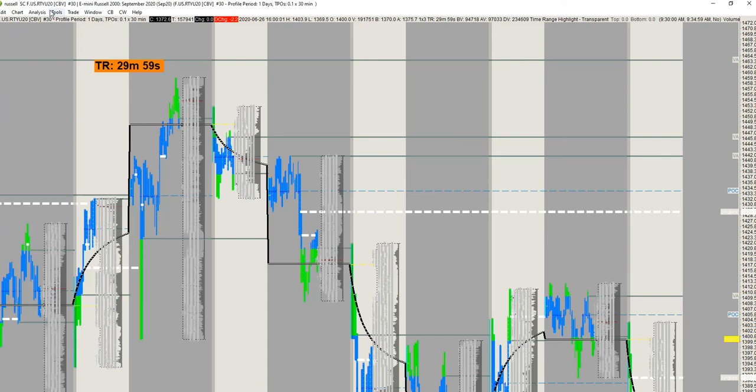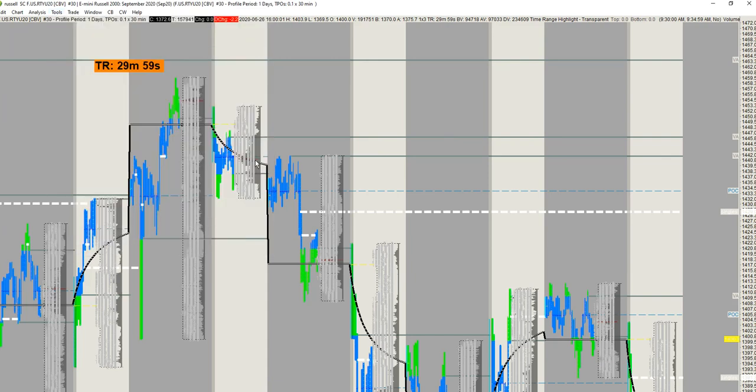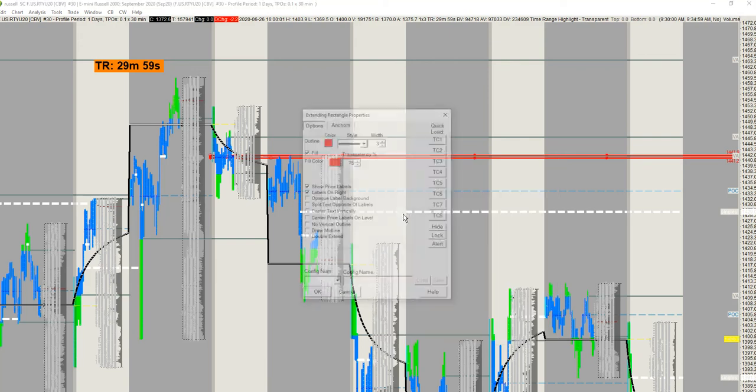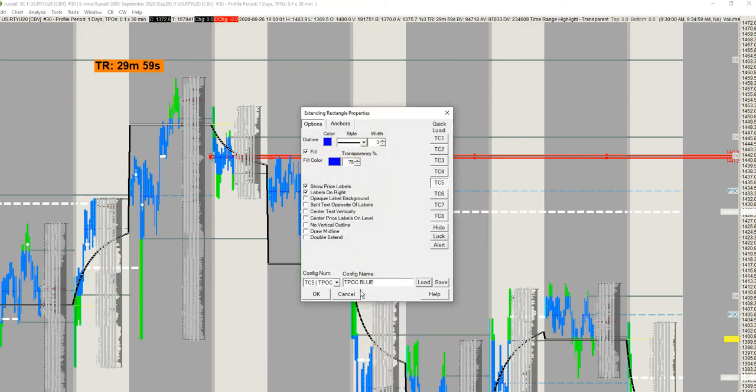So this is the Russell. Just wanted to show you guys how the Russell trades so technically well with market profile. Unbelievable. If you look at this thing, okay, that's the TPOC. I won't be able to cover all of it, but let's just look at it, right?